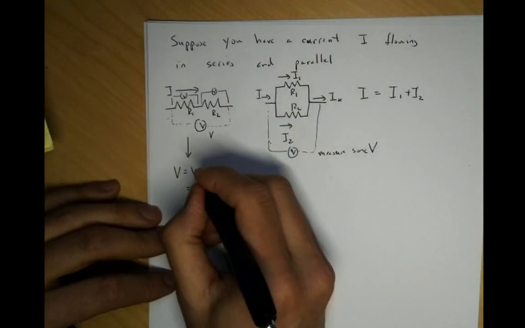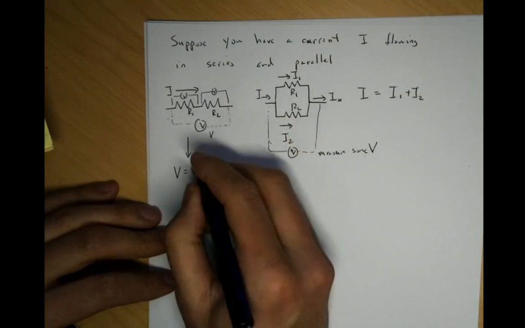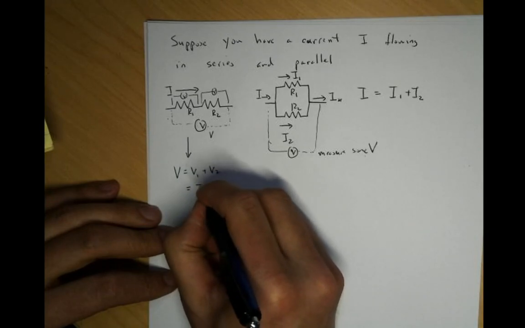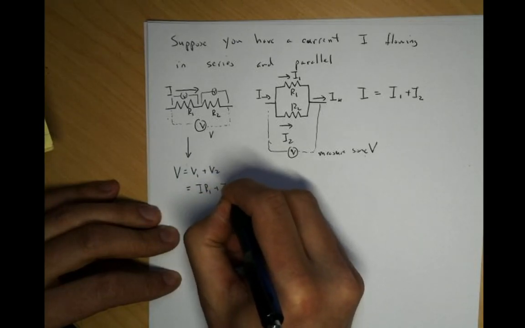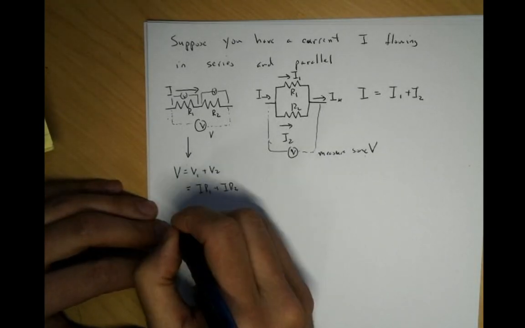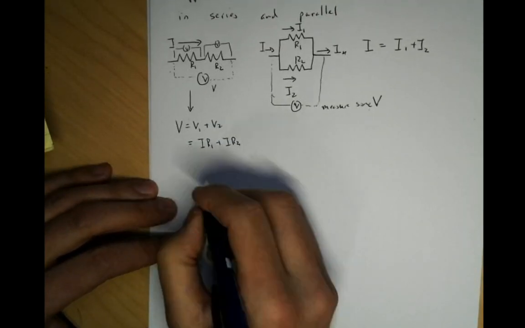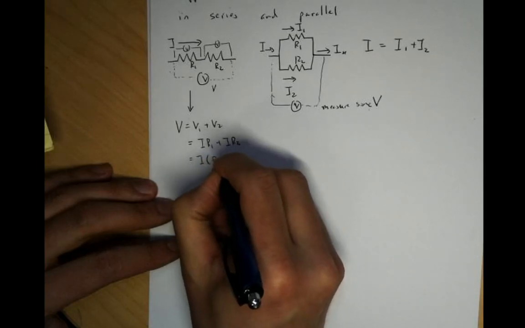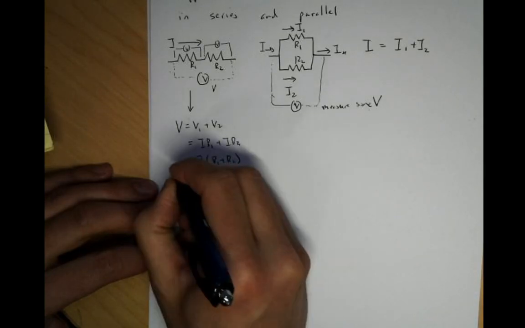This is the rule for series. This is simply the current flowing through resistor 1, that's I times R1, plus I times R2.